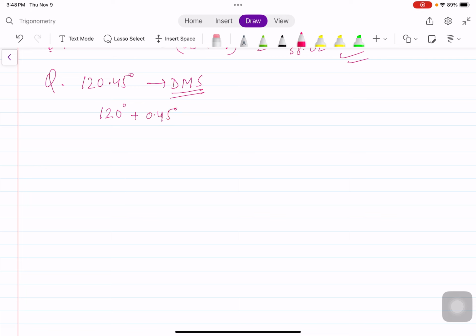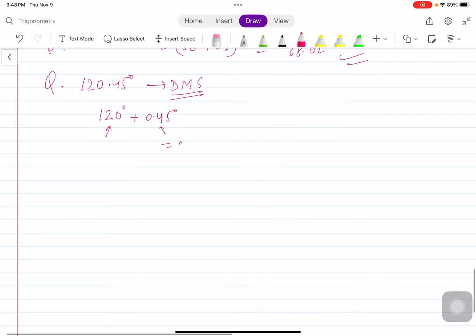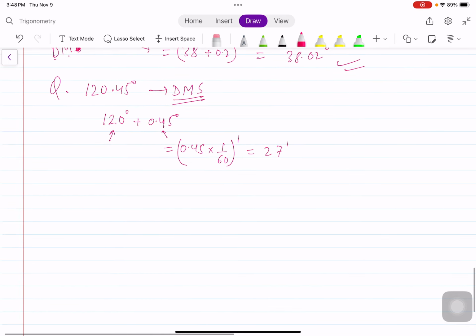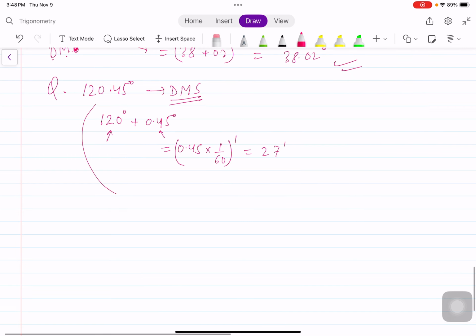No need to change the whole degrees. I will only change this into minutes: 0.45 times 60 minutes. What I get here is 27 minutes. So this whole thing becomes 120 degrees and 27 minutes. This is the DMS system. This is very easy.